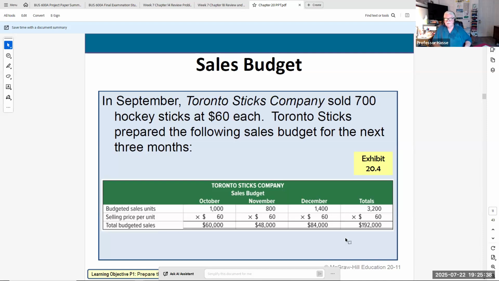Other companies are in the fall, buying school supplies, buying computers, whatever. But whatever you do, you try to accurately base your sales budgets on the past, what you've done in the past, and what you see the market into the future. And this is why a lot of us study marketing, how to read our market, how to read our industry. What are our competitors up to? That's a big part of budgeting.